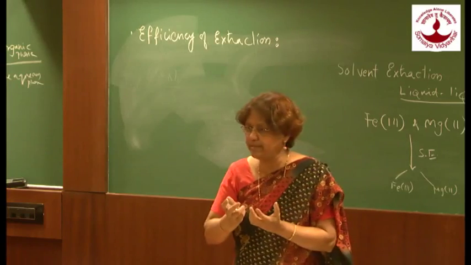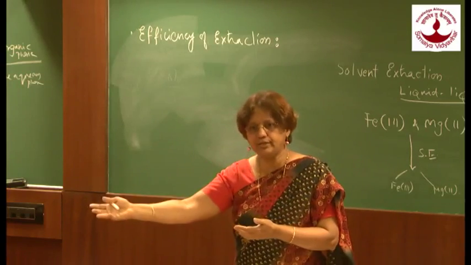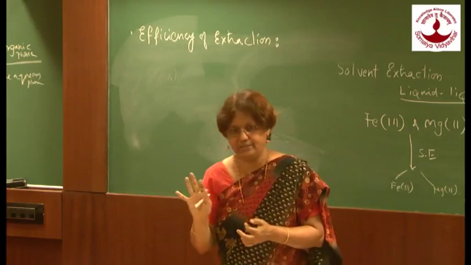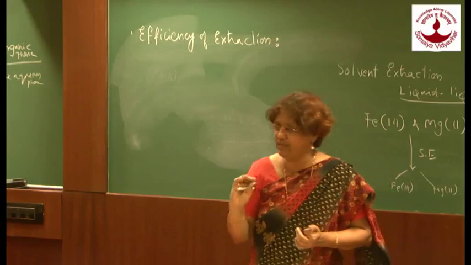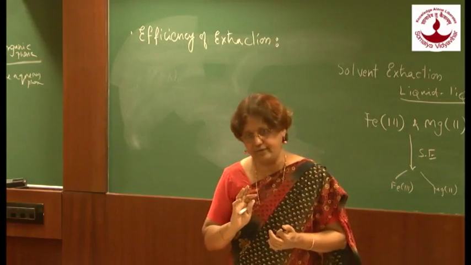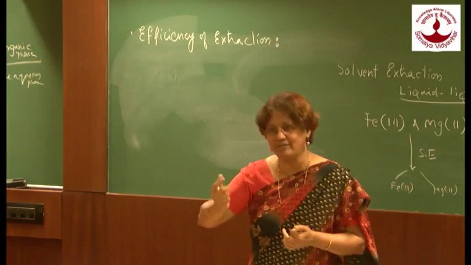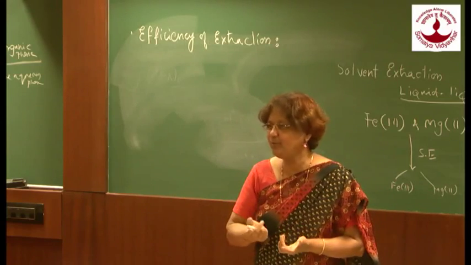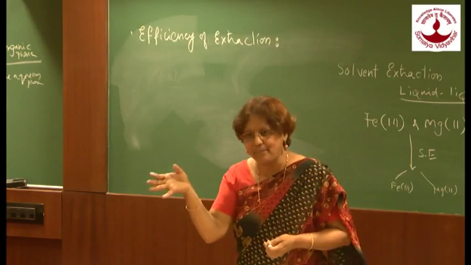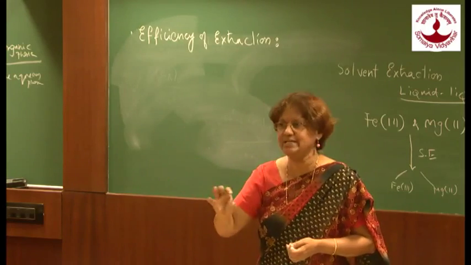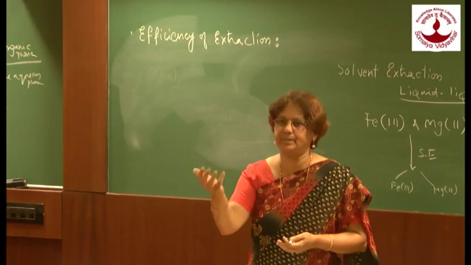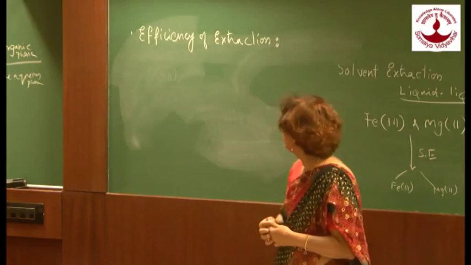Once again equilibrating the two, it will go to the third one, and finally we achieve quantitative separation. 99.99% of the iron would have undergone extraction into the organic phase. But if we had done it only once, then it would not happen. And the extent of how much has happened depends totally on the distribution ratio of that particular species towards that particular solvent.